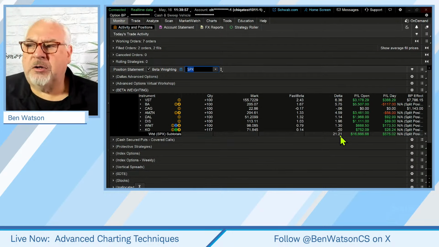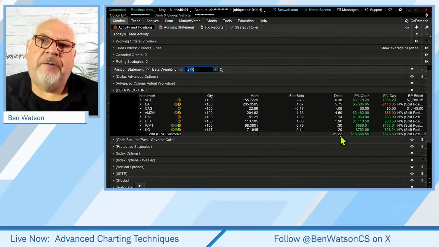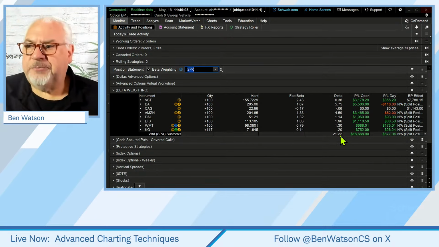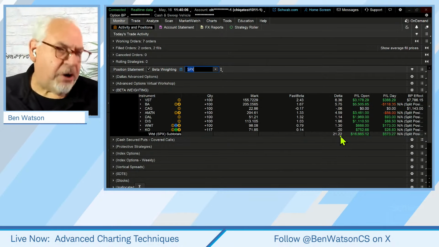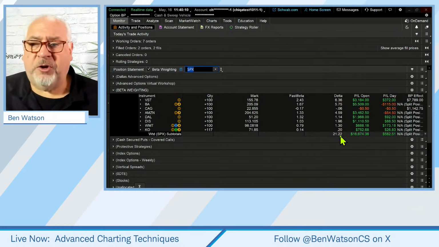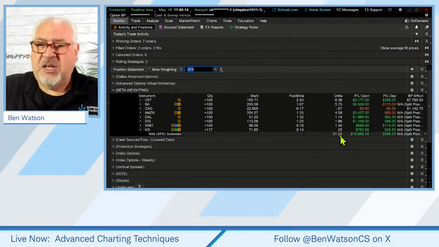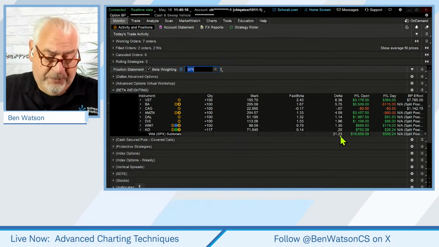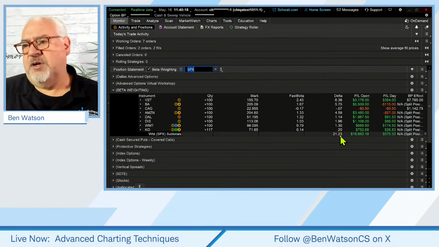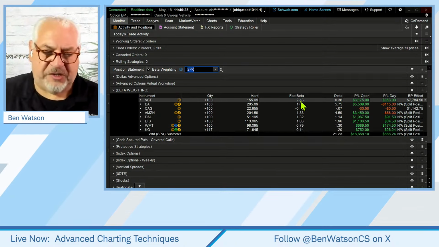Let's say there is an event that could move the market, and you wanted to reduce the sensitivity of your portfolio, or you started to see that the portfolio was becoming much more volatile because an individual stock in the portfolio had a fast beta number or a delta number that was increasing.